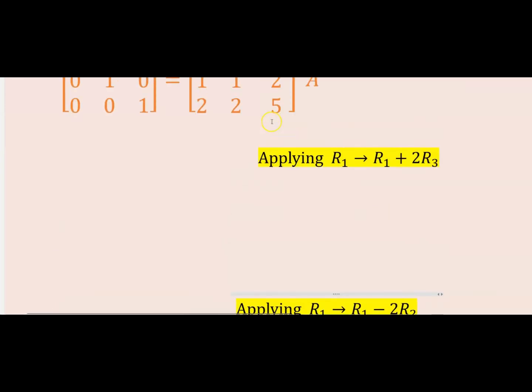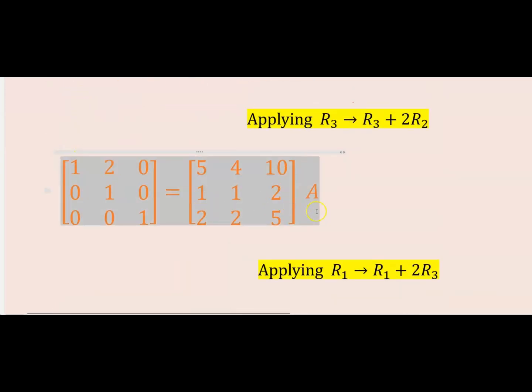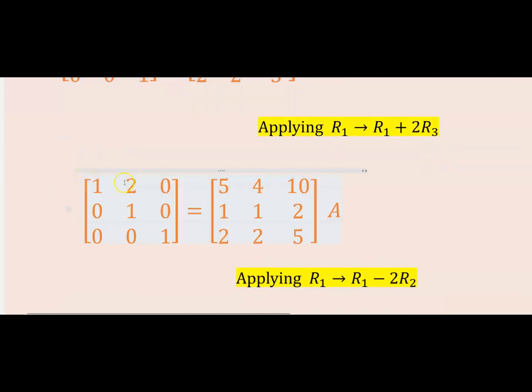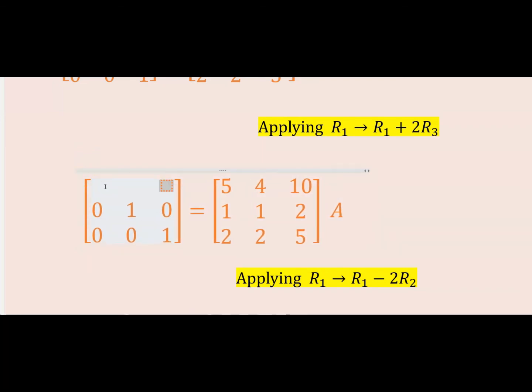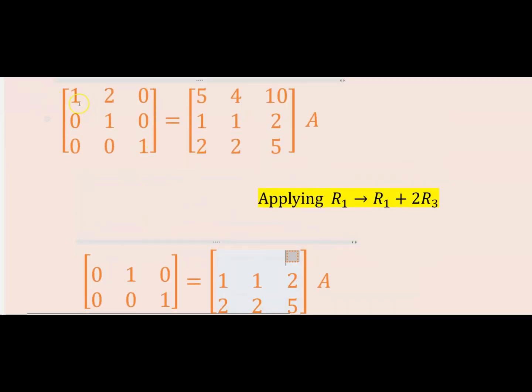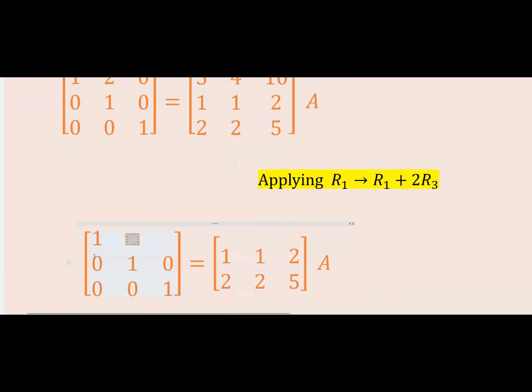Next, when we apply the operation here, again I am copying this matrix and I will apply the operation to this. Only R1 will change. Similarly on the right hand side, R1 will change, right? So R1 minus 2R2. 1 minus 0, that is 1.